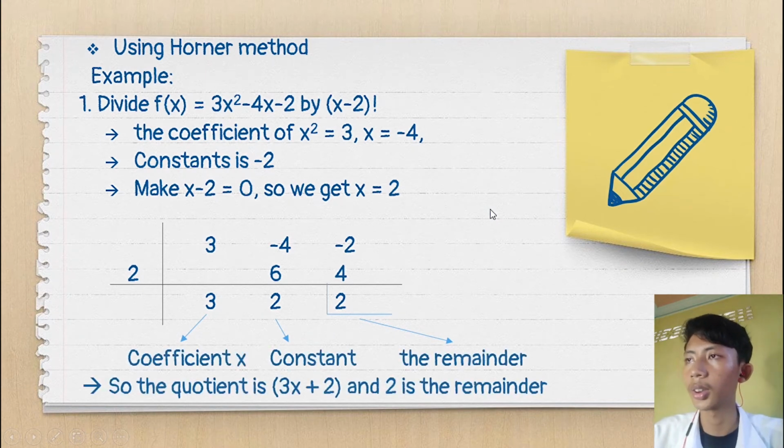So we got the result: 2 is the remainder, 3 is the coefficient of x, and then 2 is the constant. So the quotient is 3x plus 2, and 2 is the remainder.